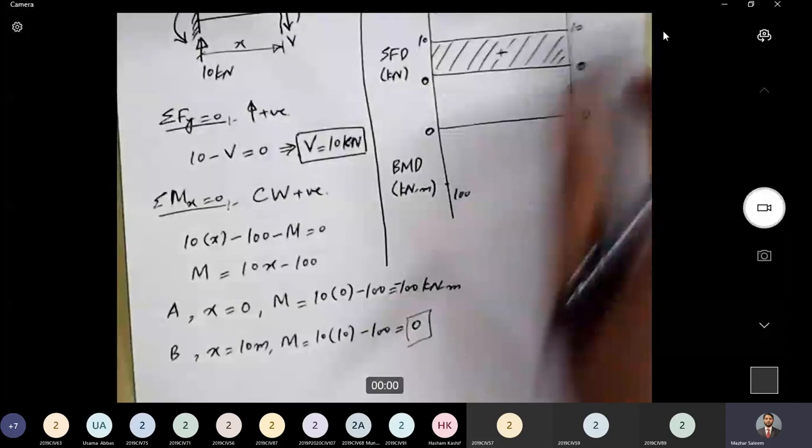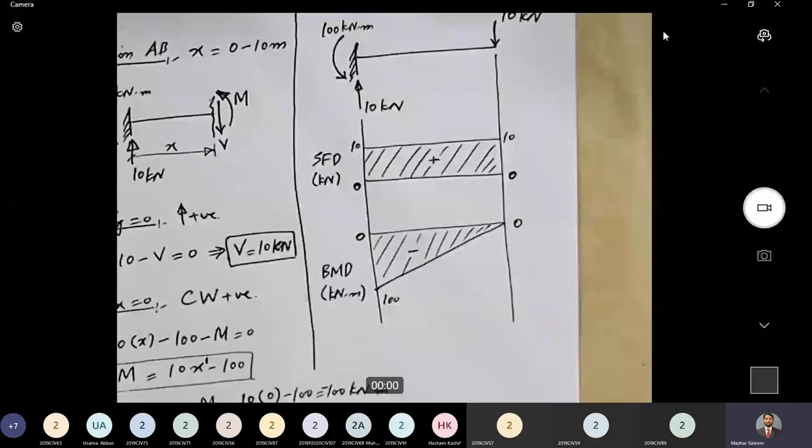So this should be a straight line. So we'll join these 2 points with a straight line. And the entire moment diagram is negative in this case. Here we are. This is the bending moment diagram for this beam. This beam had only one portion, so portion AB and the entire beam are the same.